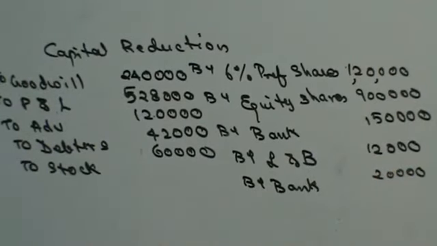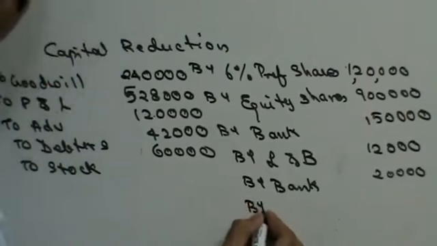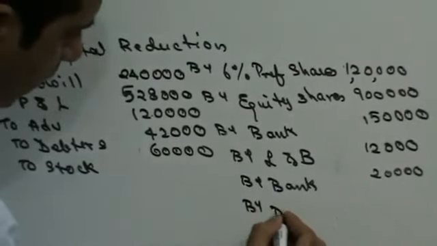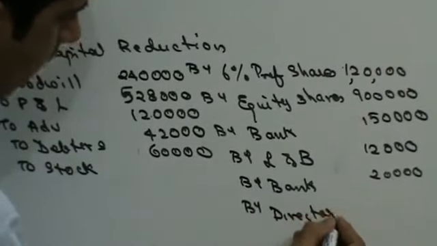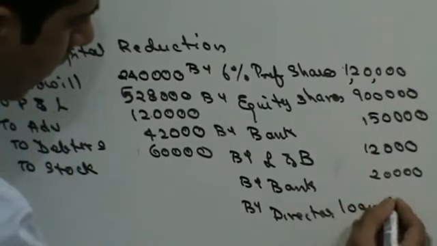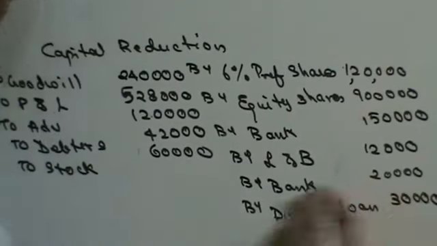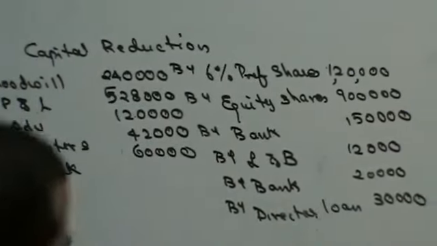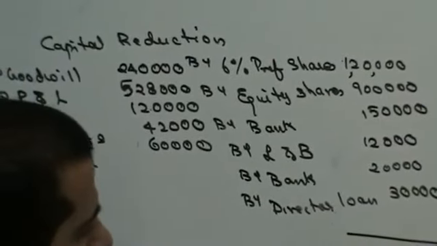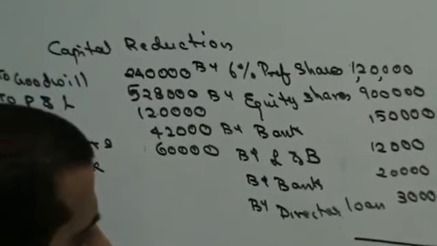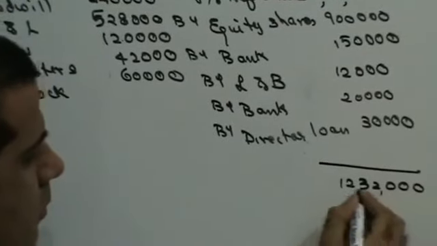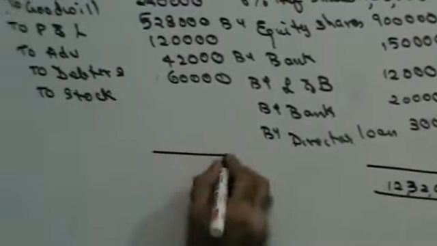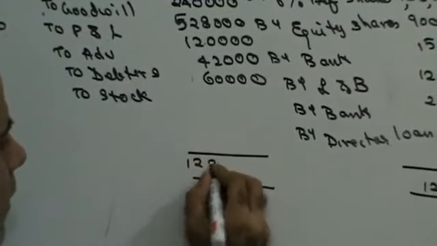Capital reduction on the credit side by director's loan. Right? Some of these tallies: 12,32,000 on the debit side, and 2,06,000 difference.